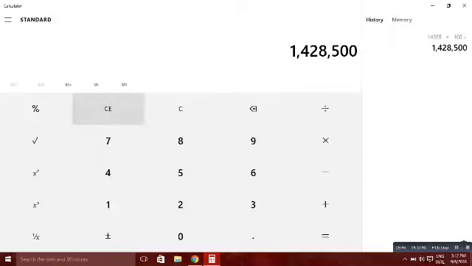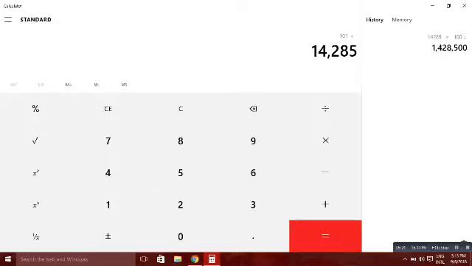Suppose we sell the quantity at 101, so what will be our profit? Let's make our selling price 101, multiplied by the quantity, 1428. Okay, let's calculate how much profit we are going to have.